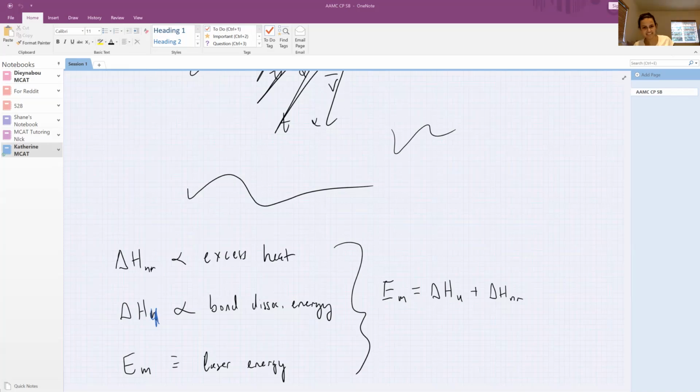But emitting fewer photons, I see this type of trick asked a lot. It comes up a lot because it makes people think it's less energy. But the energy of a photon depends on its frequency, and that's inherent in that photon.